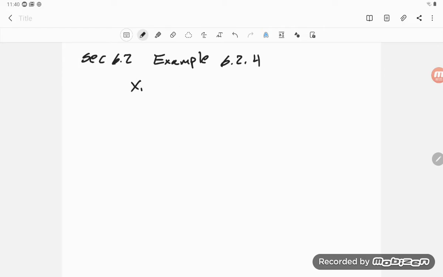So they tell us x_{n+1} is 2x_n minus y_n minus 1, and y_{n+1} is minus x_n plus 2y_n plus 2.